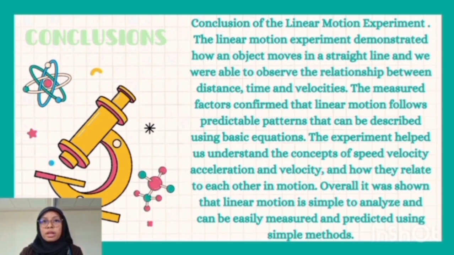The experiment helped us understand the concepts of speed, velocity, and acceleration, and how they relate to each other in motion. Overall, it was shown that linear motion is simple to analyze and can be easily measured and predicted by using simple methods.